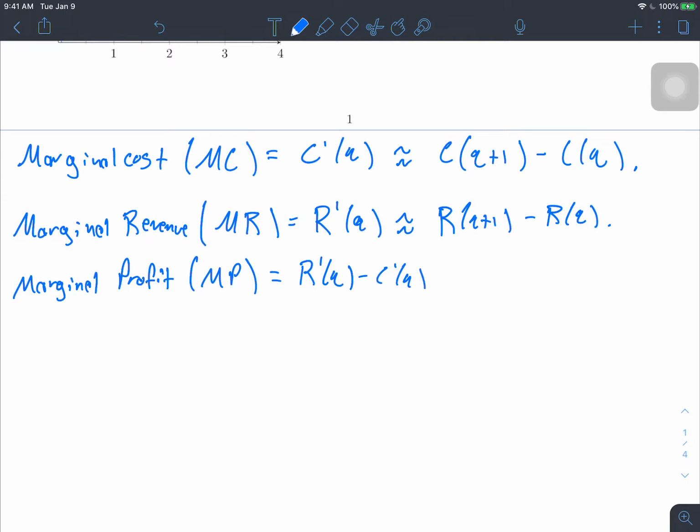But for now, don't worry about how smooth your profit function is. I will always give you nice, smooth functions for cost and revenue. Okay, so we've just expanded our understanding of marginal cost to cover a larger class of cost functions. That's all we've done.